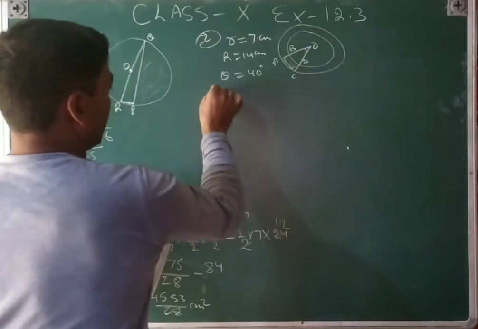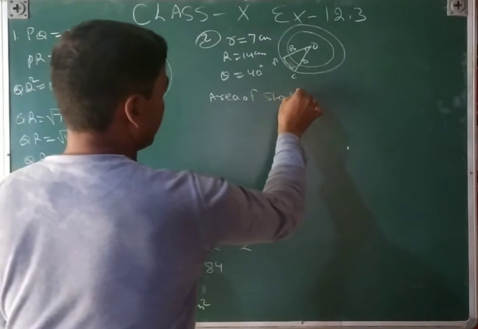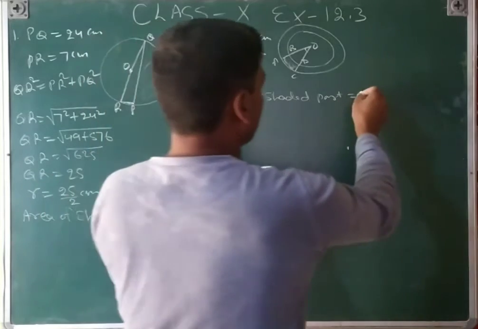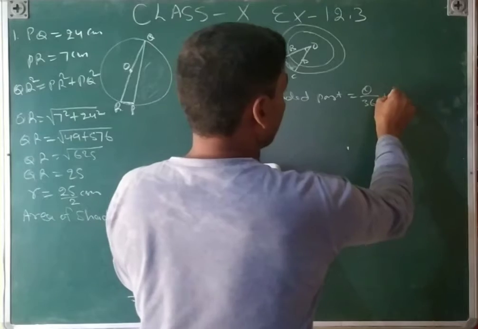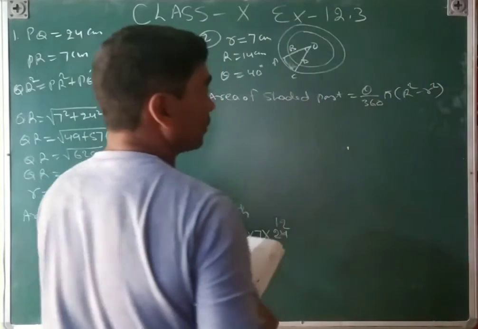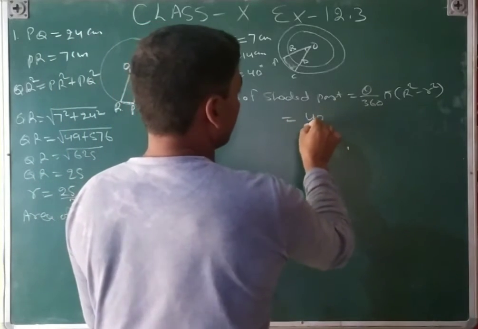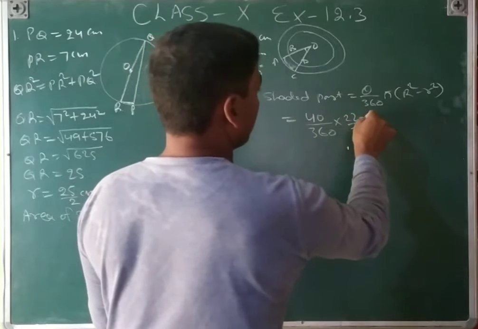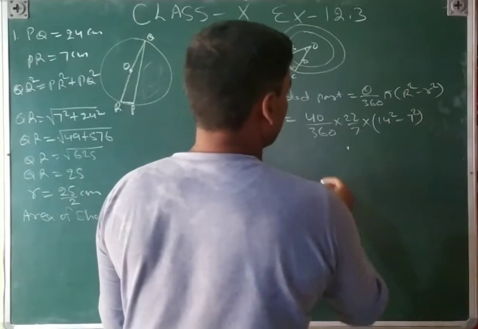So area of shaded part is equal to theta upon 360 times pi into R square minus r square. So that will be 40 upon 360 into 22 upon 7 into 14 square minus 7 square.